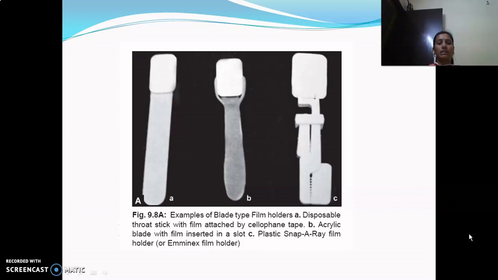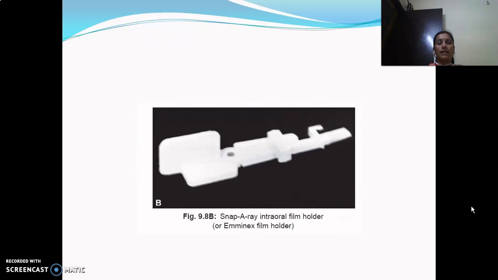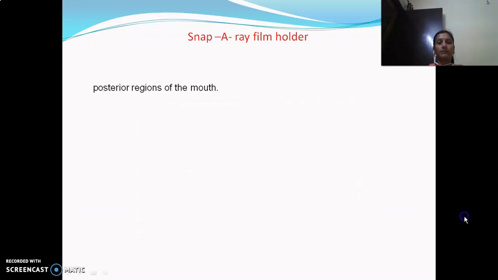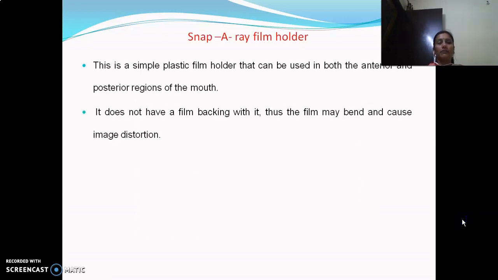The first one is the disposable throat stick with film attached by cellophane tape. Second is the acrylic blade with the film inserted in a slot. Third is the plastic snap array film holder, which is used in the bisecting angle technique. The snap array film holder is a simple plastic film holder used for both anterior and posterior regions of the mouth.